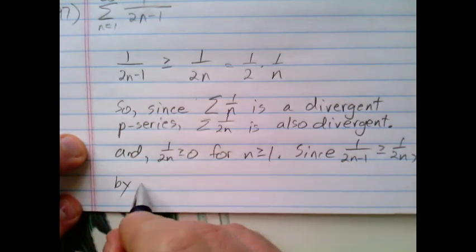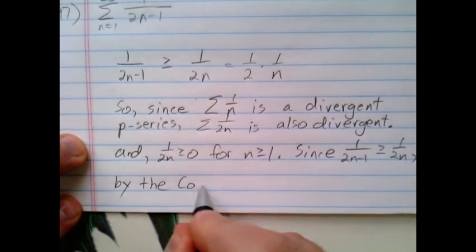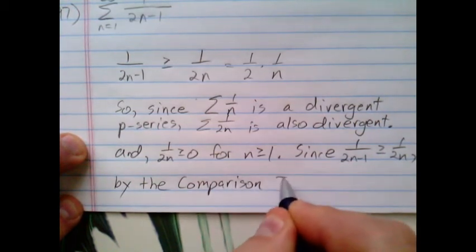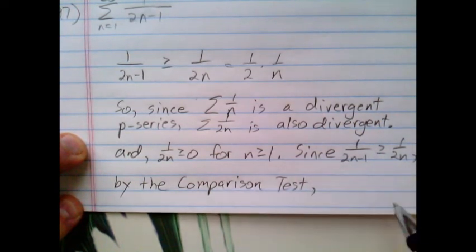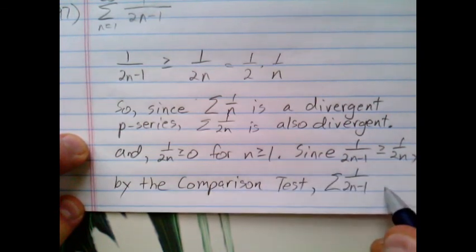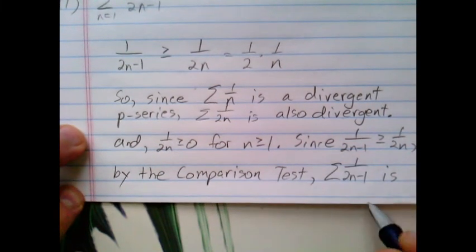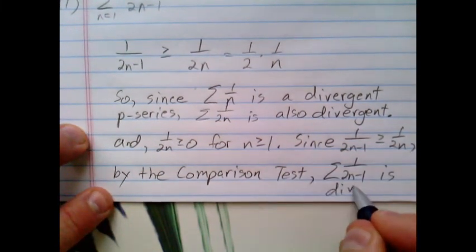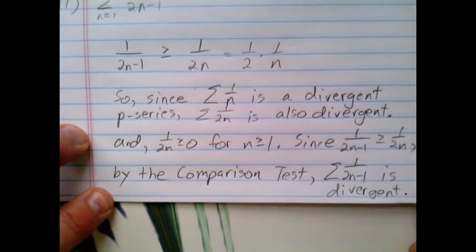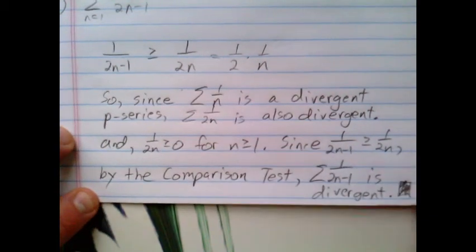So, since that's true, by the comparison test, our series whose nth term is 1 over 2n minus 1 is divergent. Bada boom, and that's all there is to 197.